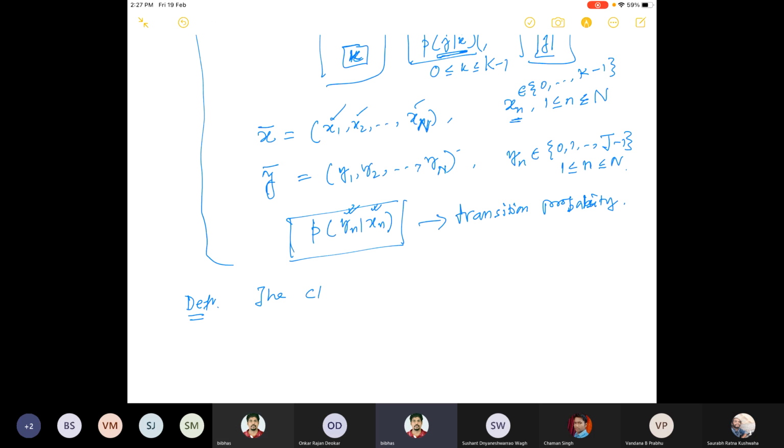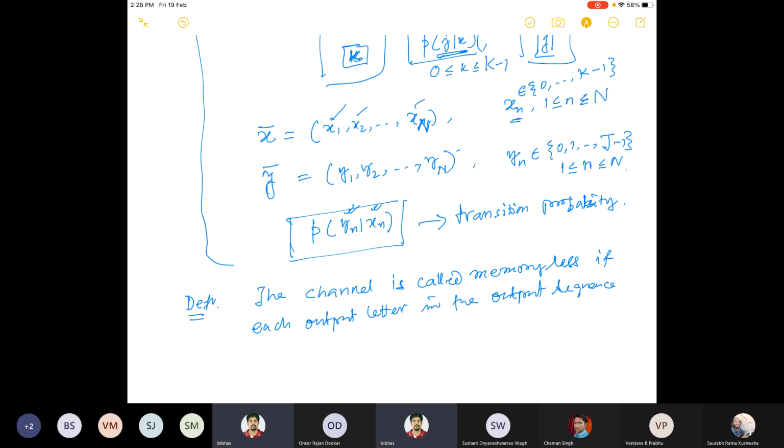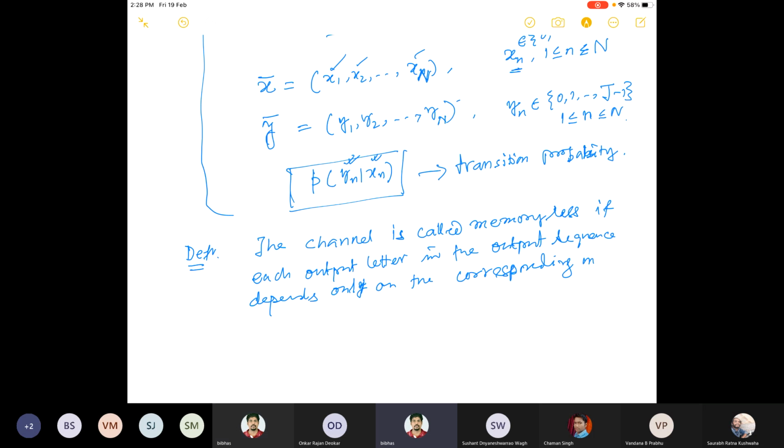Now the channel is called memoryless if each output letter in the output sequence depends only on the corresponding input.